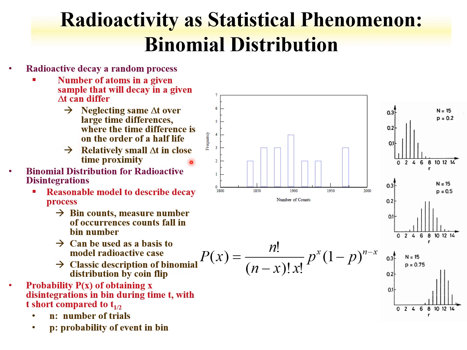So this randomness gets washed out. If I have something that has a half-life of a second and I count it for 100 seconds, every atom in that sample is likely to have decayed because my count time is so much longer than my half-life. Most of the time, that's not true.